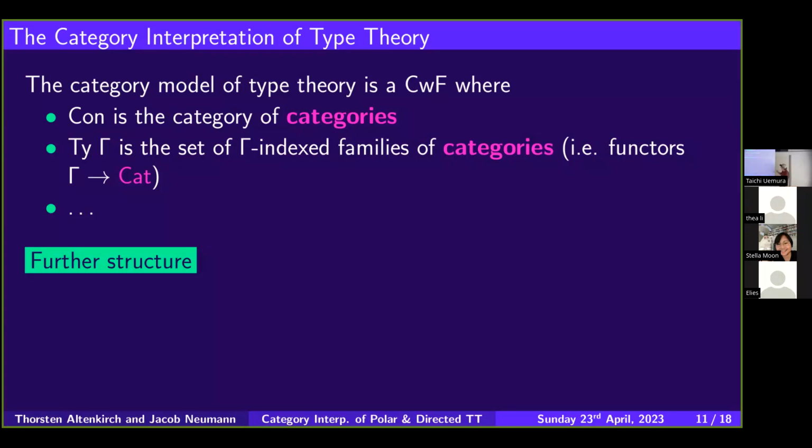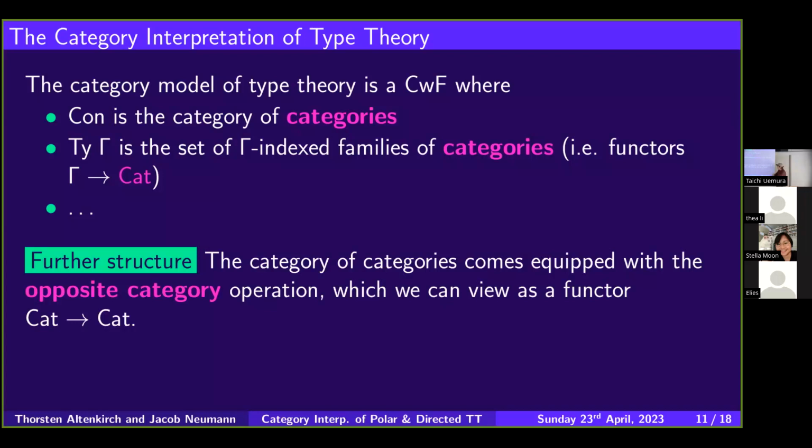In particular, there's this really important operation that we can do on categories, which was basically invisible on groupoids, which is the operation of taking the opposite category. If you've done basic category theory, you'll know that for every category, I can take its opposite. I can flip all the morphisms around, and I get potentially a different category.